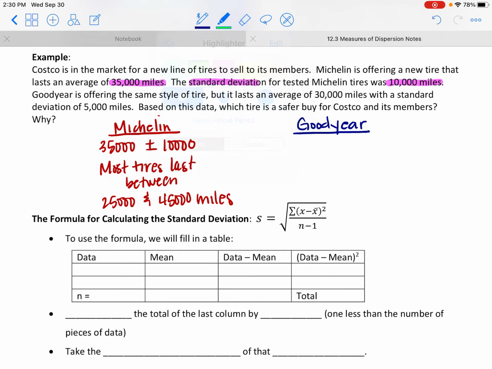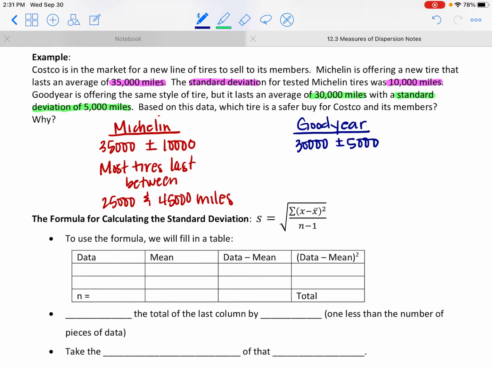Okay? Now Goodyear, that's the one we're going to try to compare to. It says that the average is 30,000 and the standard deviation is 5,000. So they're going to be an average of 30,000. And if the standard deviation is 5,000, that means on average, these tires will deviate by 5,000 miles. So they could deviate up to 5,000 miles above or 5,000 miles below.